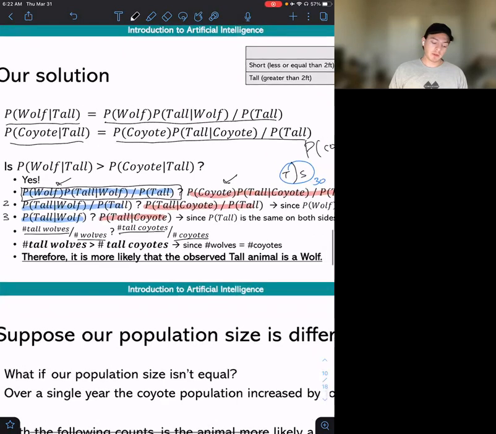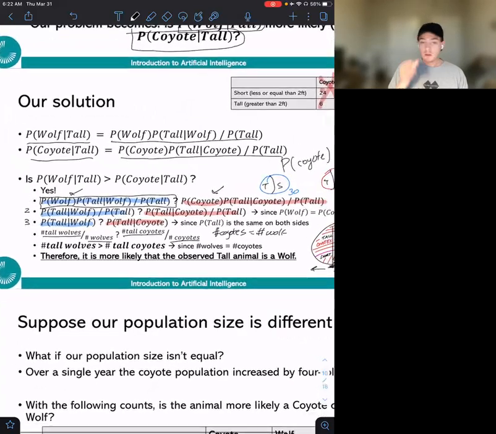And since we knew before that the number of wolves and the number of coyotes are equal, we can remove them from both sides. And then it's very obvious what the answer is, which is that there are more tall wolves than there are tall coyotes. And so it is more likely that the tall animal is a wolf.